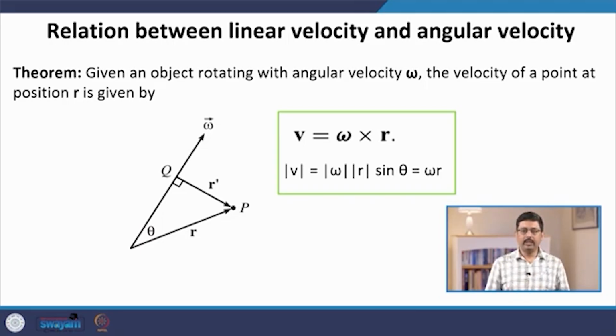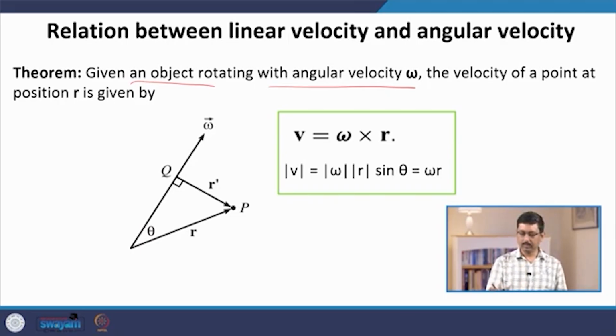Now, to define the angular velocity formally, we say that given an object which is rotating with an angular velocity omega, we know that the angular speed is the magnitude and the direction is given by the right hand thumb rule along the axis of rotation.